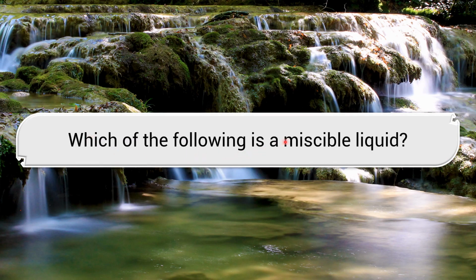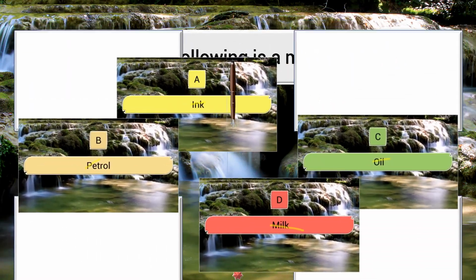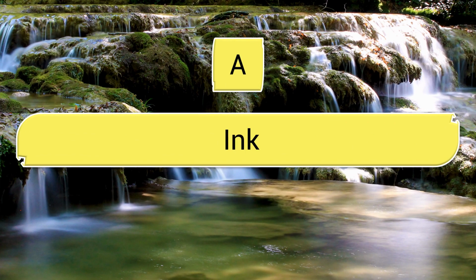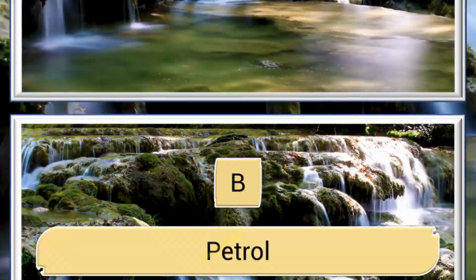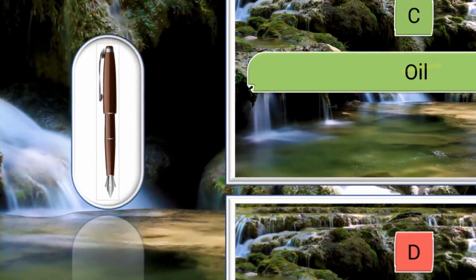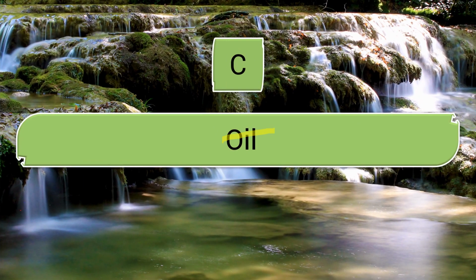Which of the following is miscible liquid? Is it ink, petrol, oil, or milk?